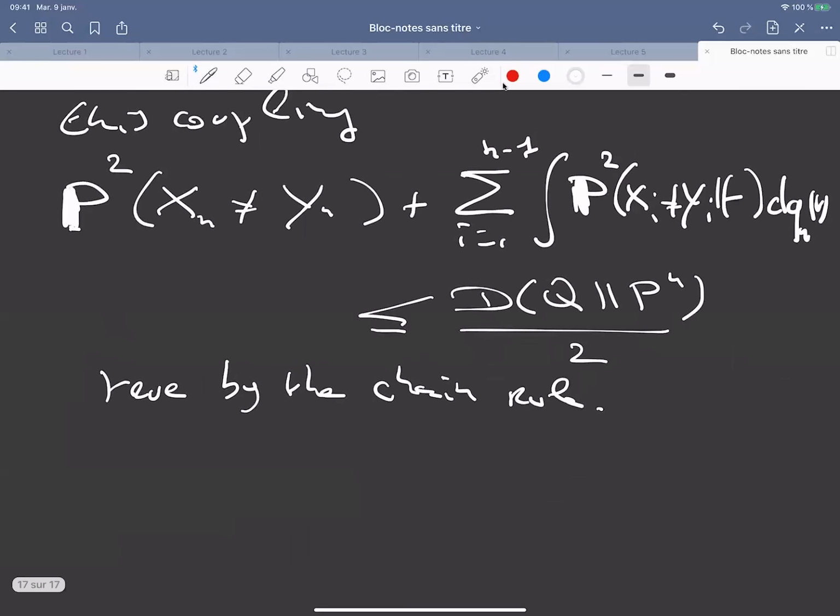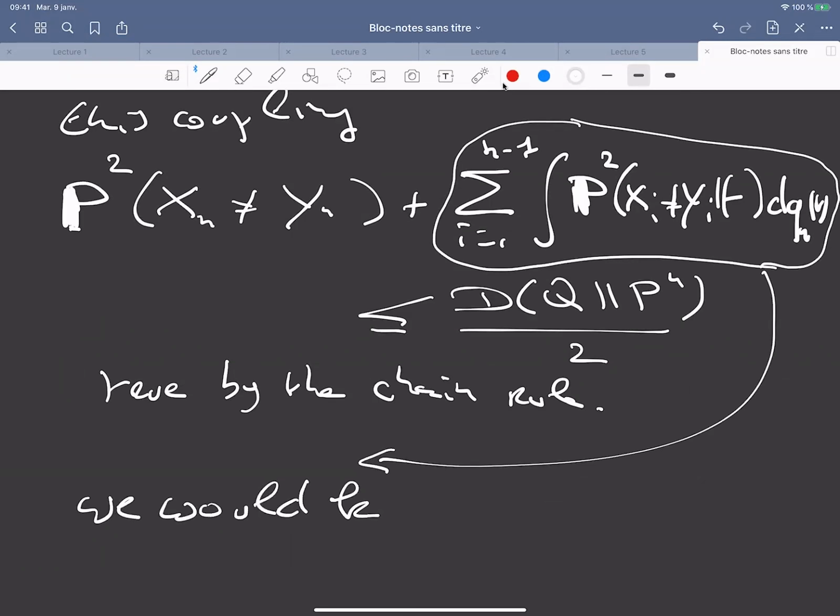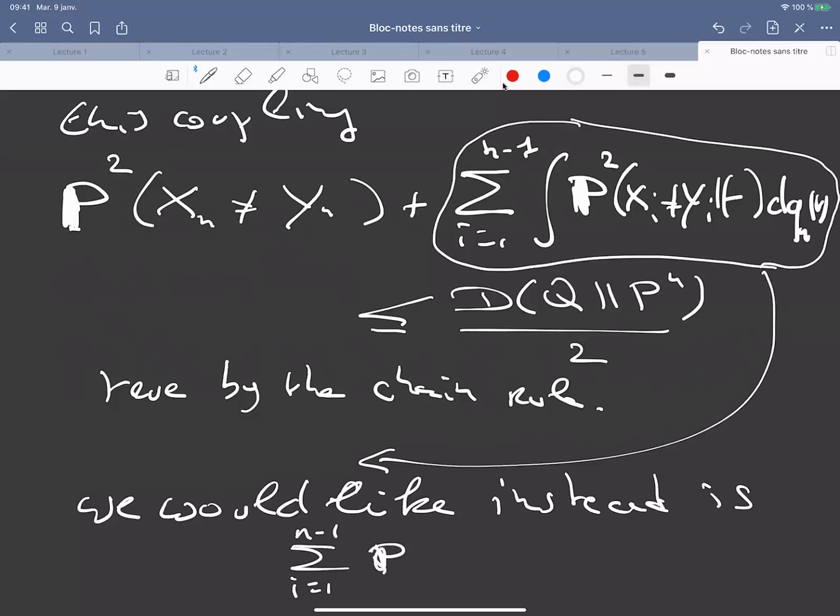So now it remains to relate this sum here with what we want, and what we would like instead is the sum of the bold probability square that xi is different from yi.